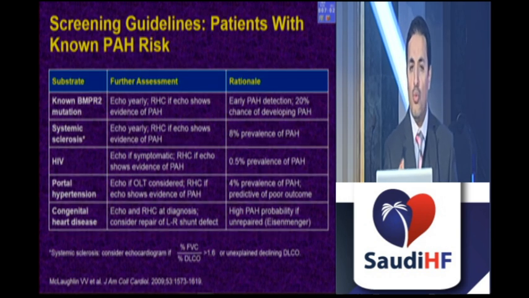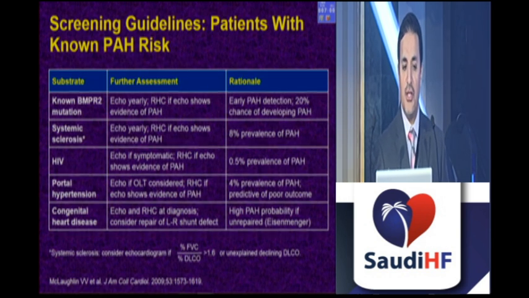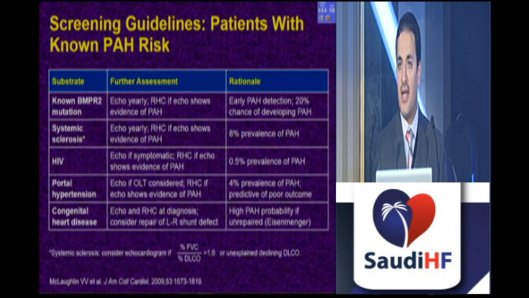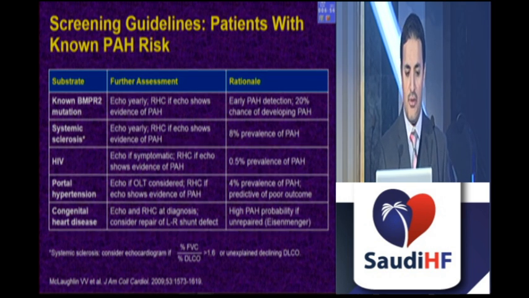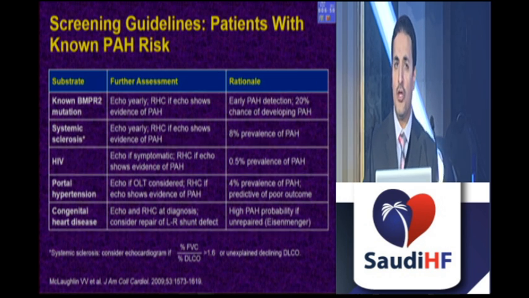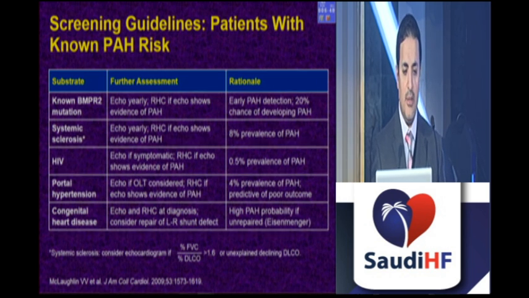Now, within the guidelines, there are discussions on screening patients who are at higher risk for developing pulmonary hypertension. This is a known genetic mutation, autosomal dominant with incomplete penetrance, the bone morphogenic protein receptor 2 mutation, and these patients, 20% of them have a chance of developing pulmonary arterial hypertension.